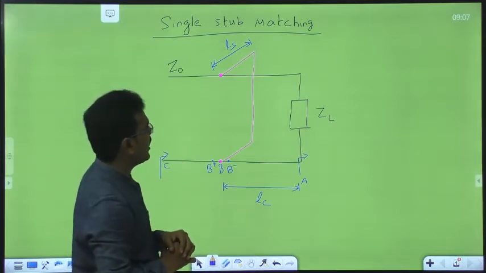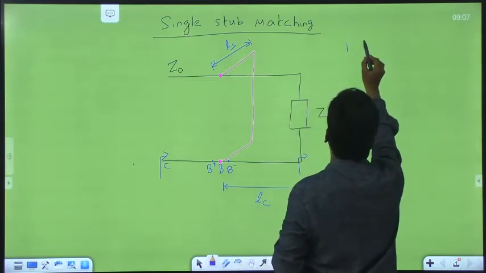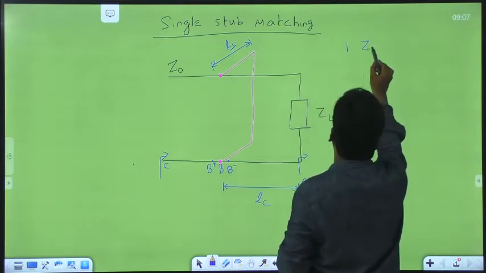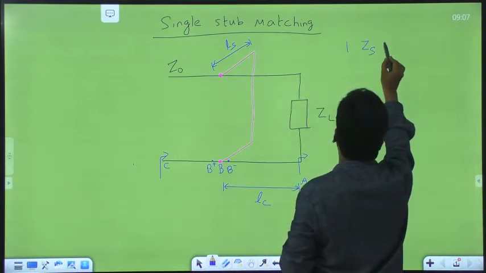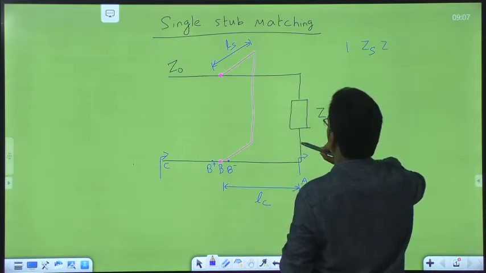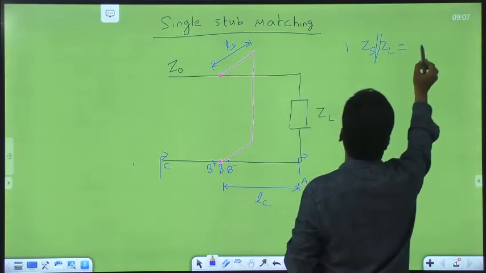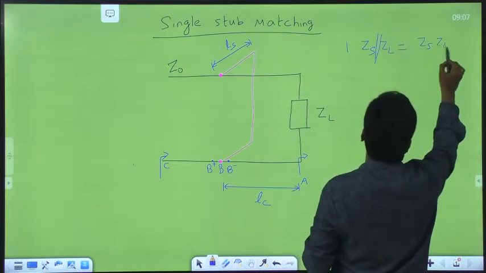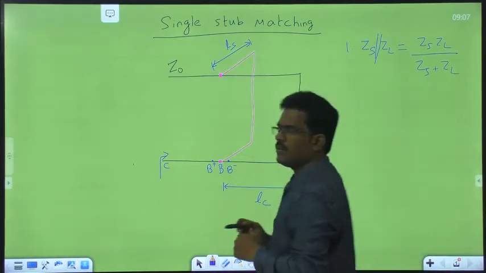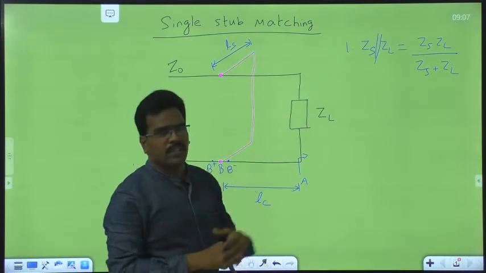Why am I taking admittance here? One point to note is that the stub and line are in parallel. If I take stub impedance and main transmission line impedance, since the two are in parallel, what is the formula? ZS ZL by ZS plus ZL. It is somewhat complex to simplify the answer.